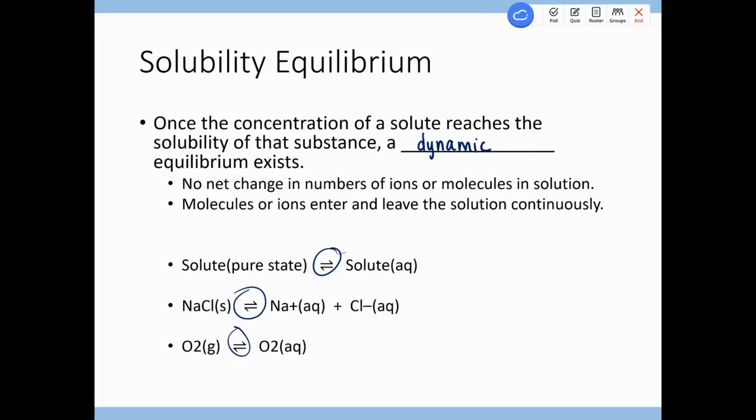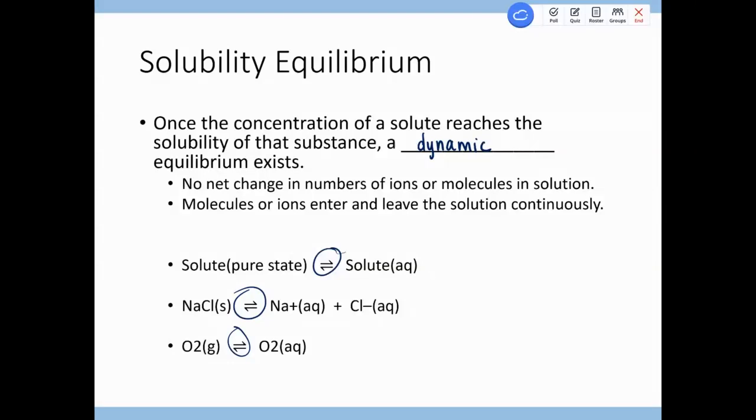And at the same time, aqueous oxygen is evaporating and becoming gas. Or sodium chloride is breaking apart into ions in solution. And at the same time, the ions are coming together to form sodium chloride. So this occurs with a substance in a solution.